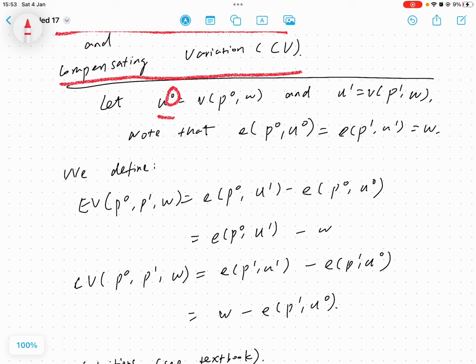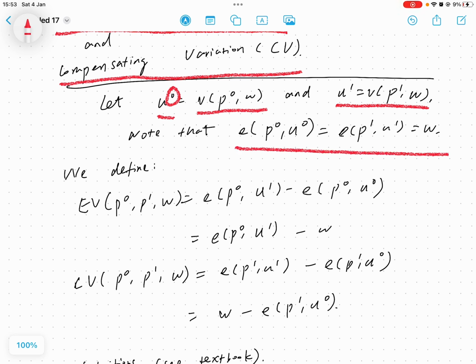The old ones are before the price change, and the new ones are after. So U0 is the indirect utility V of P0 and W, and U1 is V of P1 and W.